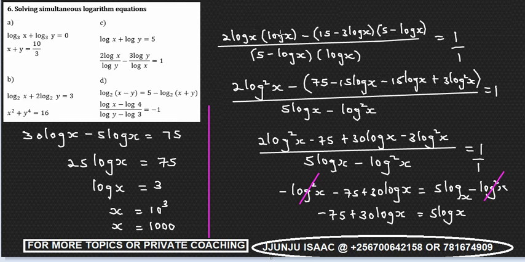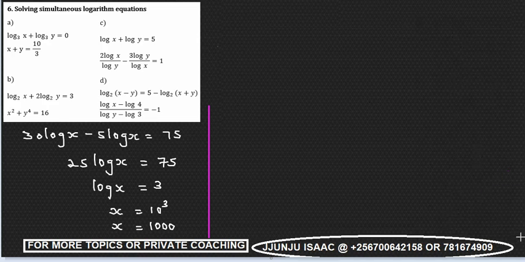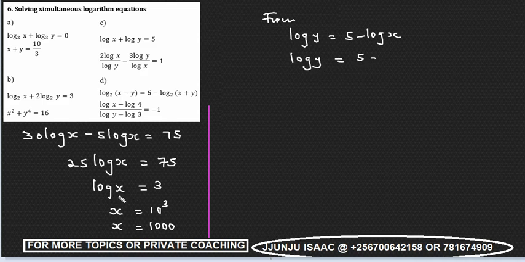Now we need to find y. Okay, now you need to recall that from here log y was 5 minus log x. So from log y equal to 5 minus log x, log y is equal to 5 minus log x, which is 3, so log y is equal to 2.